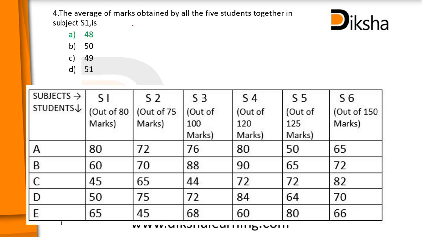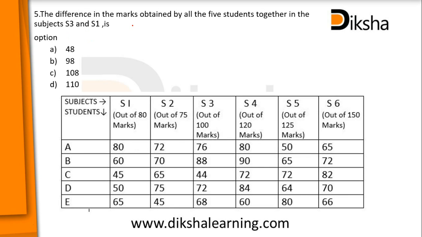Next we are moving to the last sub question of the first question. The difference in the marks obtained by all the 5 students together in the subject S3 and S1. So difference in marks. So we want to find the whole marks of students in S1 and students in S3, and we want to find the difference.